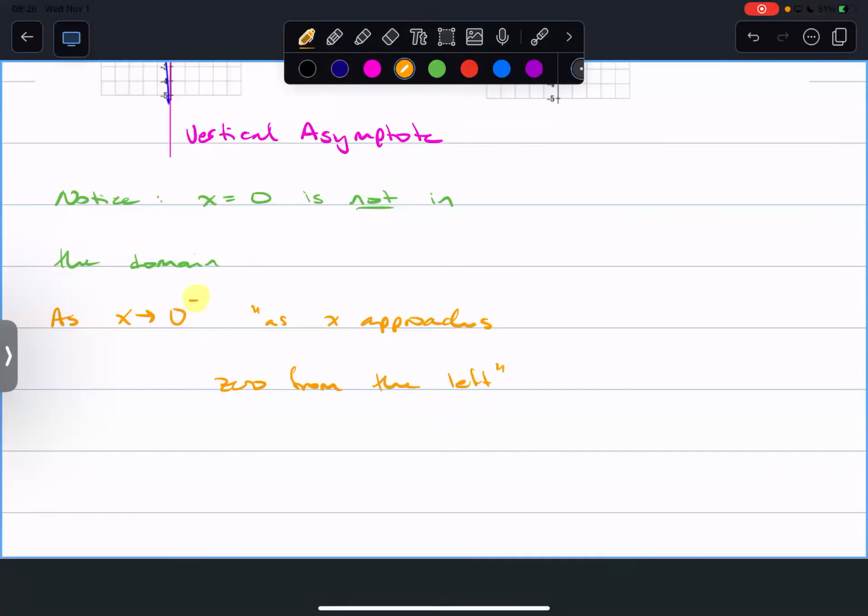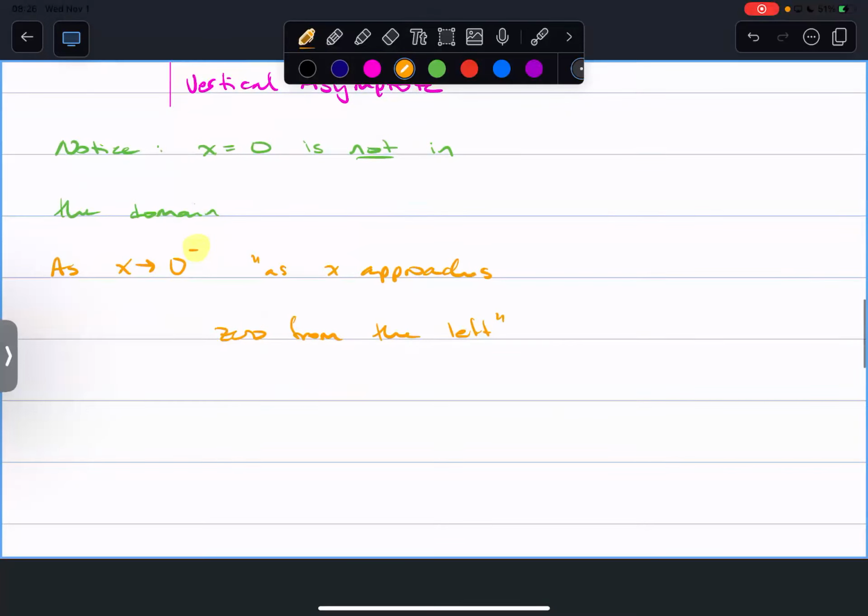So here, as x approaches 0 from the left, f of x approaches negative infinity.